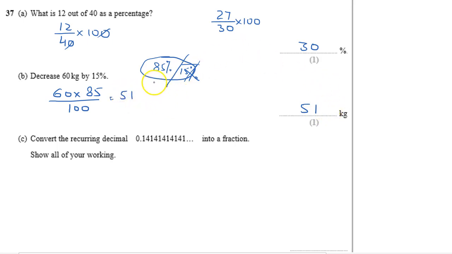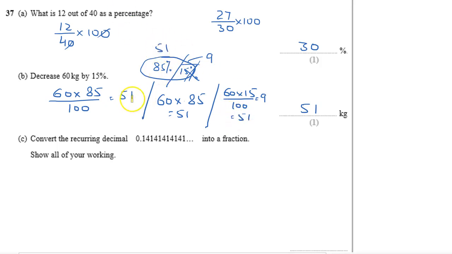You can also do 60 multiplied by 0.85, and you will get 51. You can also get 15% of 60: 60 multiplied by 15 over 100 is 9. This part is 9, so the remaining part is 51. You can use any of the methods which you think is easy.